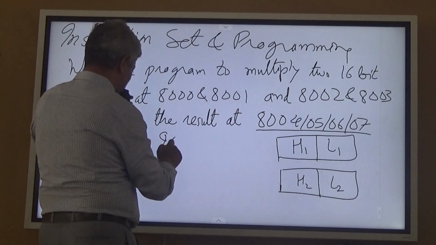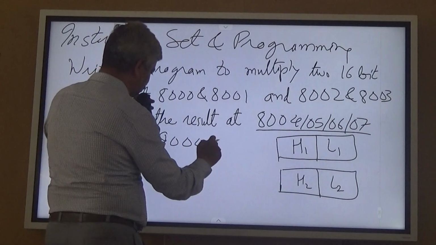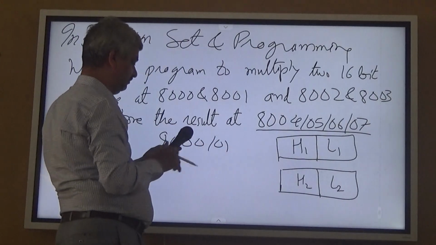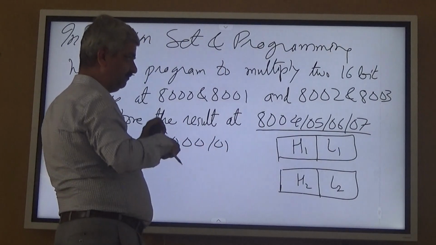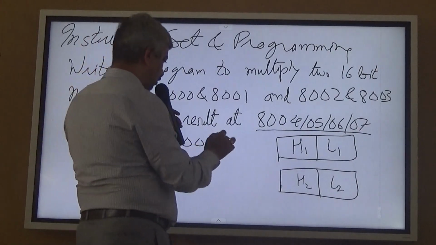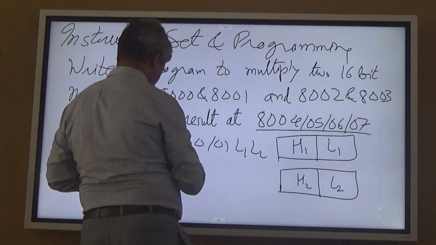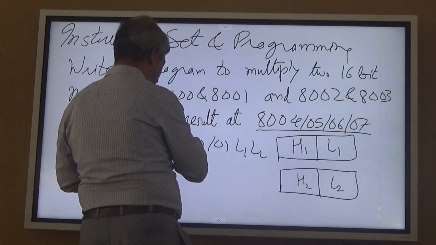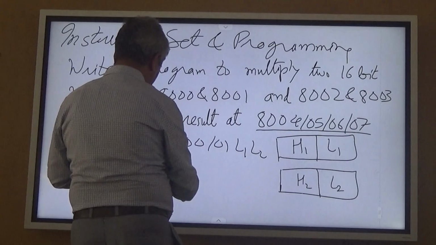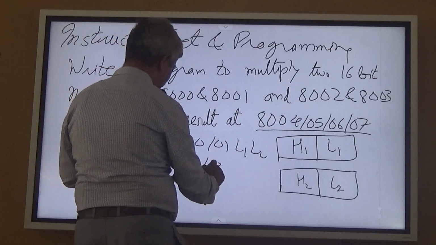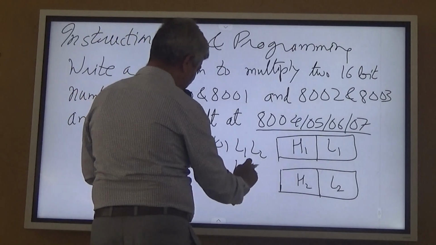Let's say 9000 and 9001. What you can store? You can store L1, L2. Then at 9002 and 3, you will store L1, H2.